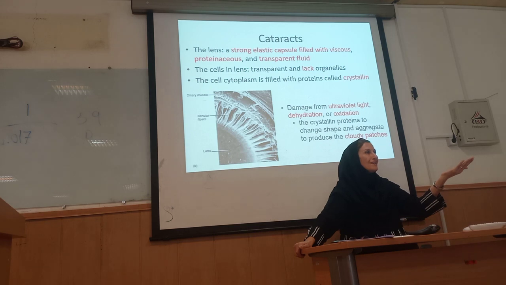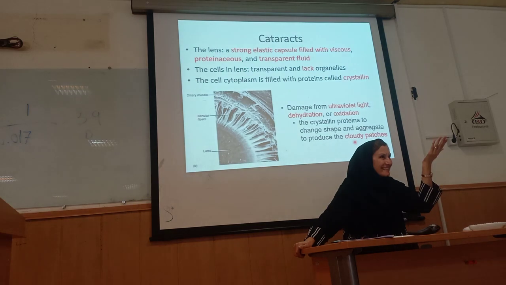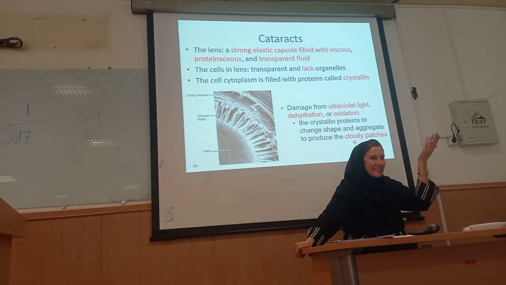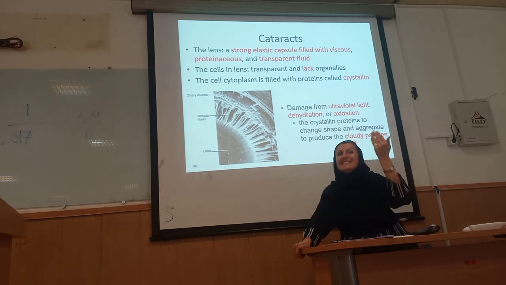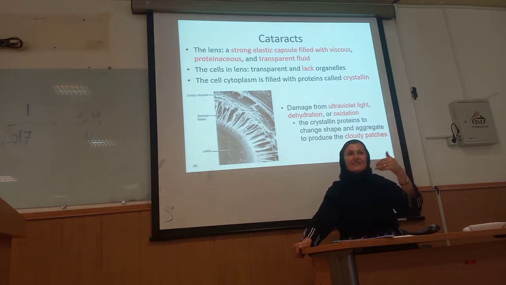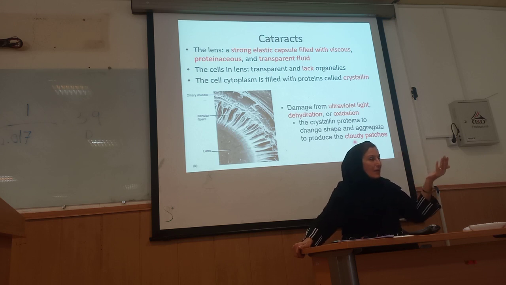But presbyopia is something physiologic, some physiological aging, like losing nephrons in our kidney. They are physiological aging, but cataract is pathological. If you are protected from ultraviolet light and dehydration, you may not get cataract.